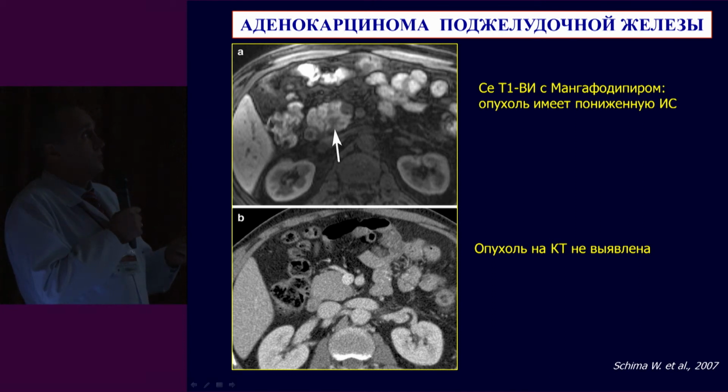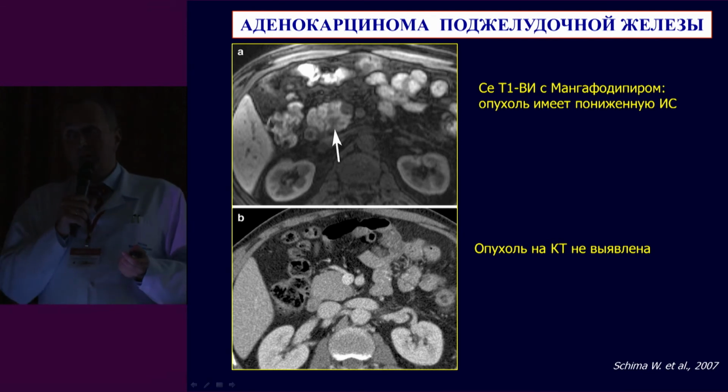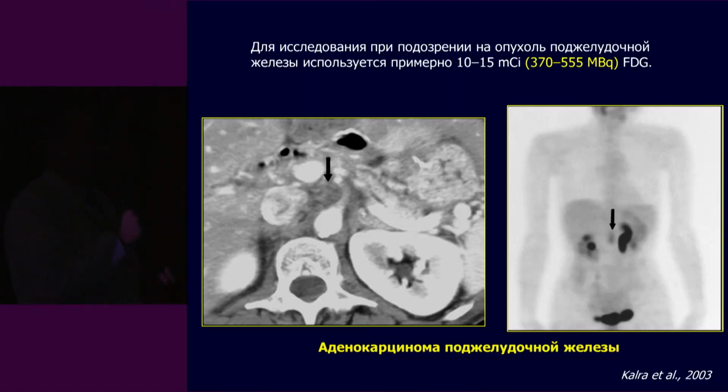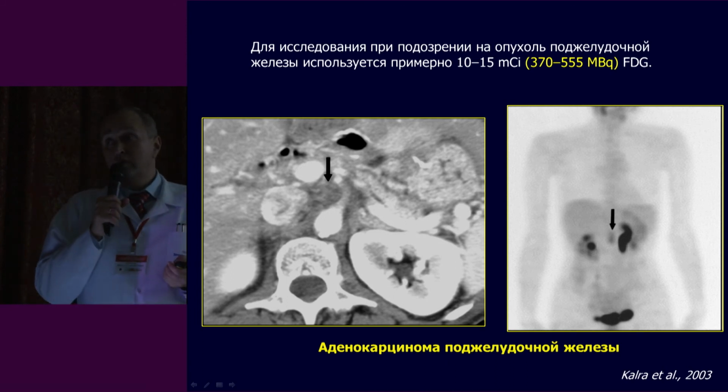But if you use mangafodipir on MRI, it gives us a chance to contrast the tumor of the pancreatic head. So MSCT is the basic modality for diagnostics, but nonetheless you can see that every diagnostic modality has its own plus and negative points, so the combination is our choice.